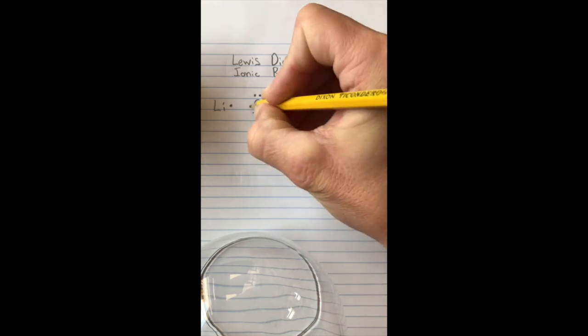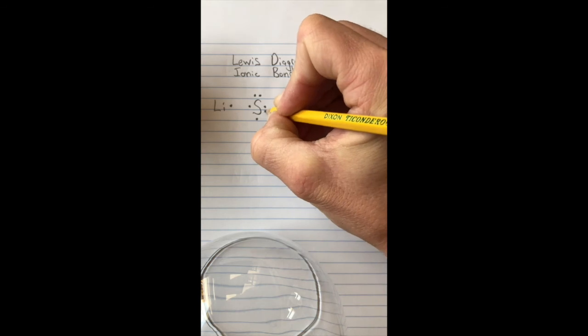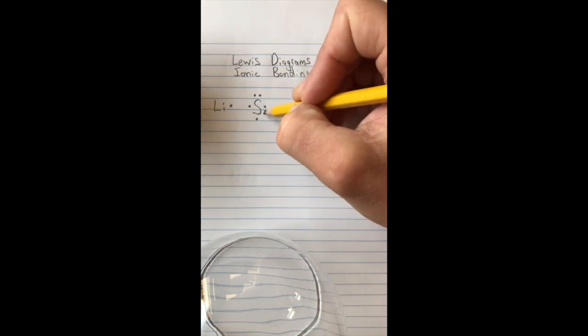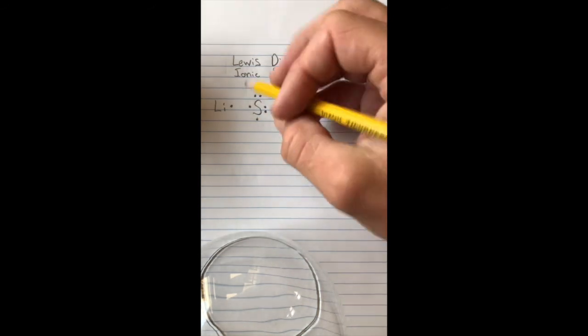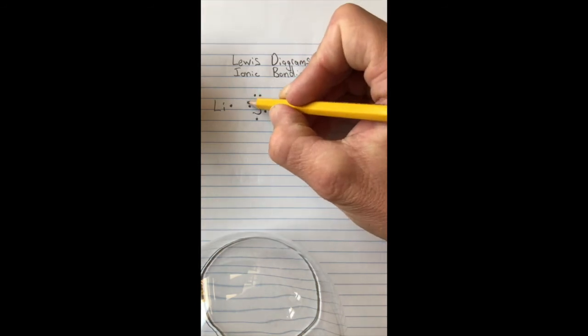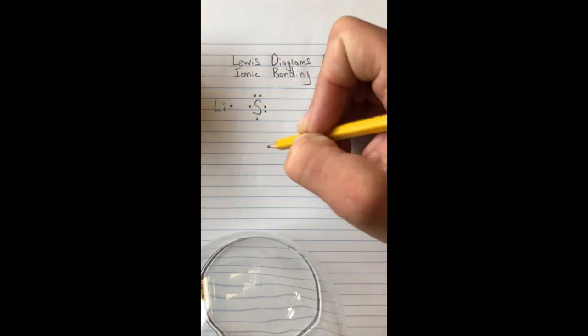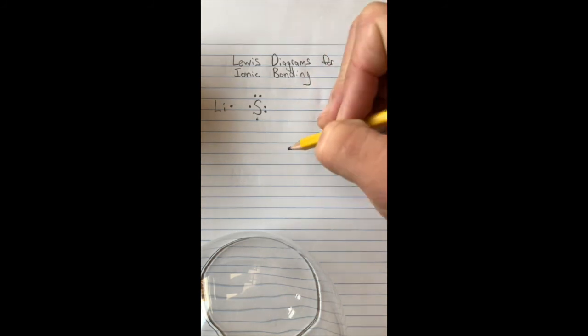And remember, electrons don't pair up until they have to. And so the 6 valence electrons on sulfur are going to be 4 that are paired and 2 electrons that are unpaired. Now, sulfur wants to gain 2 electrons in order to achieve that stable configuration.